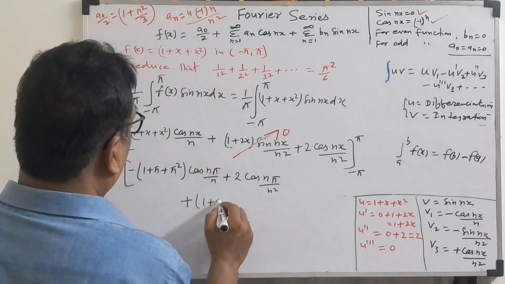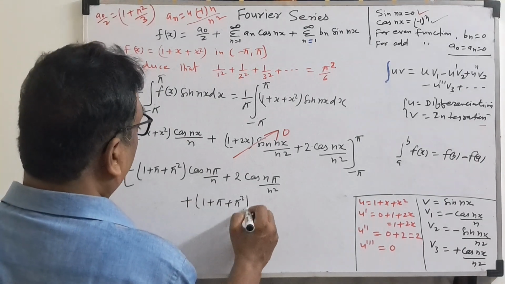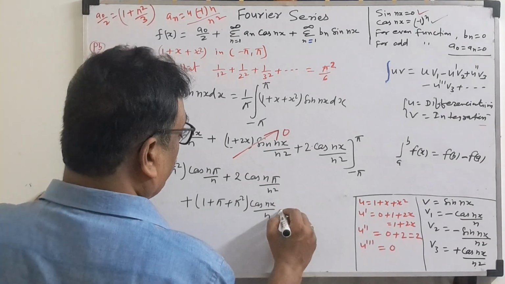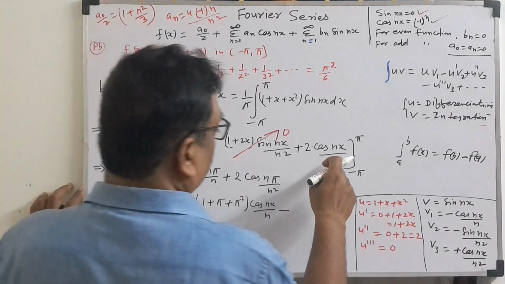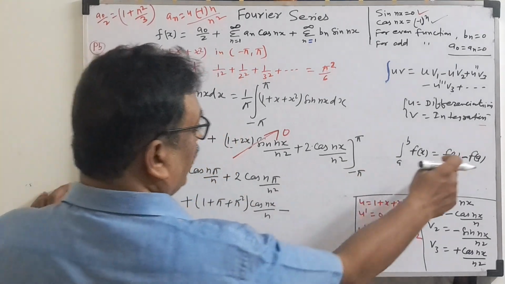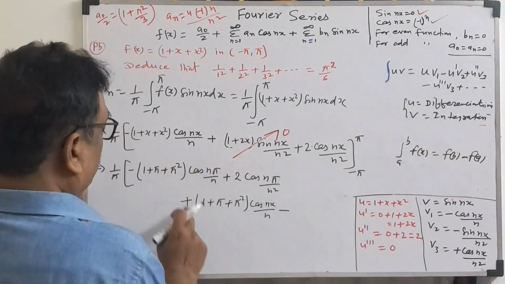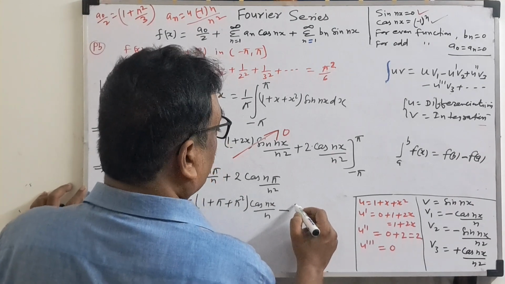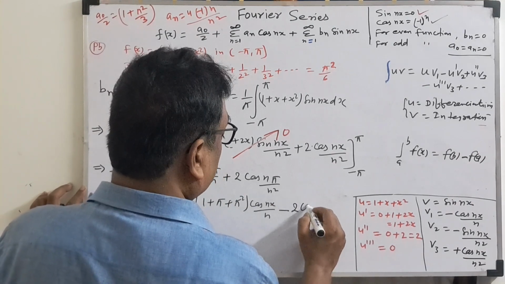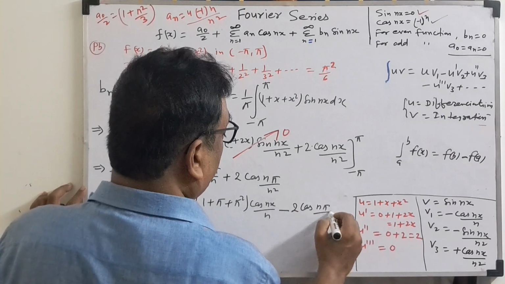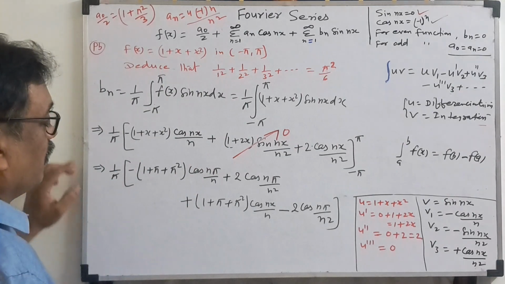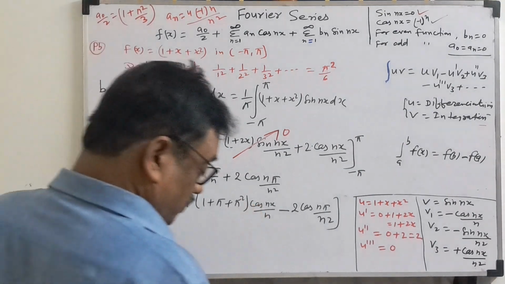So write 1 plus pi square cos nx by n, but this will come minus, because this minus is there, no? Due to this minus, this got plus, but this will be 2 cos n pi by n square. Now this we got, so this will get cancelled.